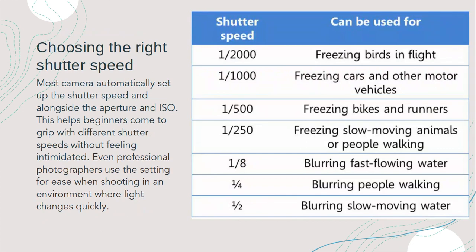So it's already done for you, but you can manually set it yourself to your own desired settings, what you prefer, what you think will look good, or what you like the image to have for good quality. It helps beginners come to grips with different shutter speeds without feeling intimidated. So you can try and experiment with it as well.